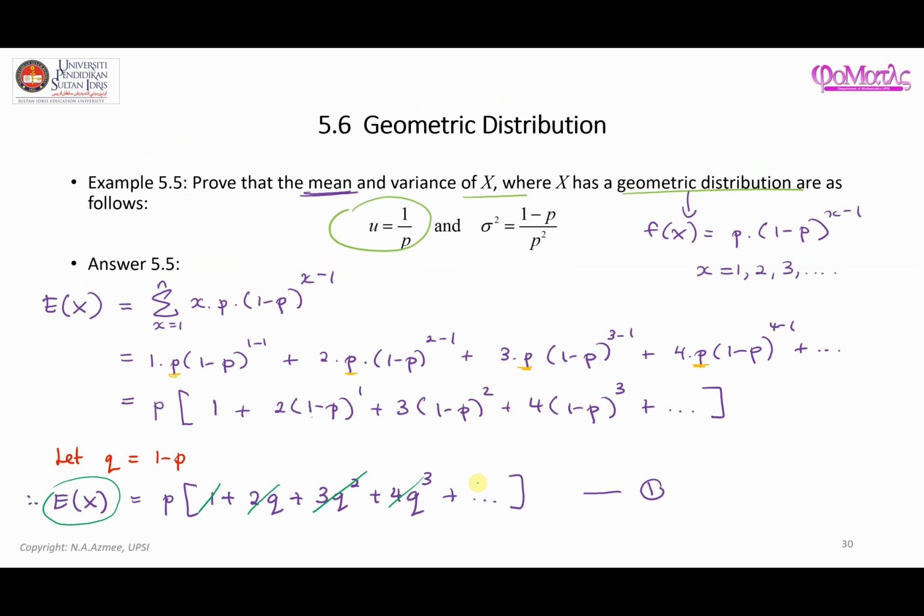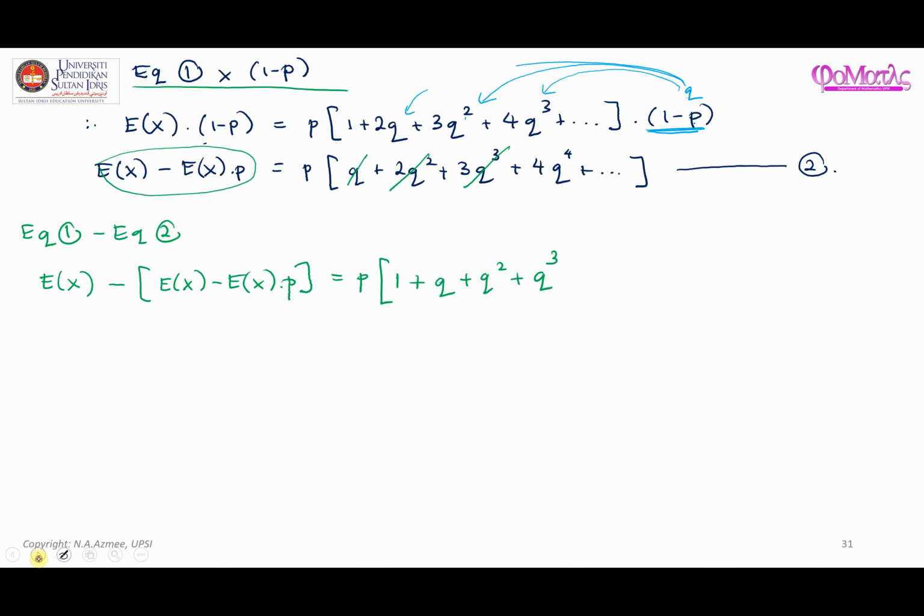And of course here, even though it's not written, we know from the pattern that there is 5q to the power of 4. We can use that to subtract this term right here, so we will have q to the power of 4, and the pattern continues in this manner. Okay, so that's what we have.